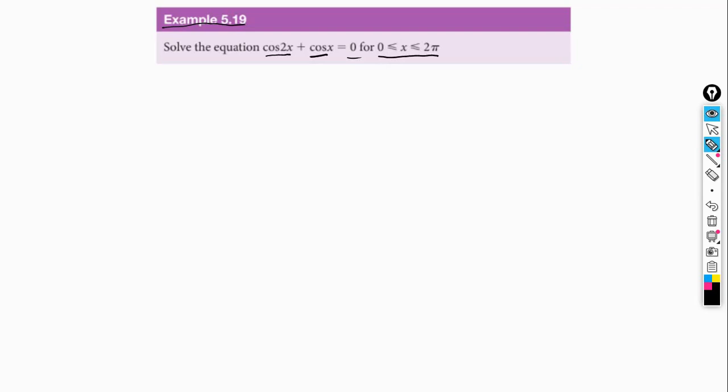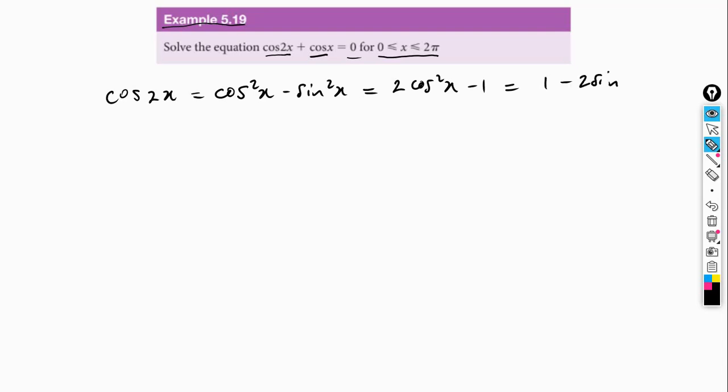So notice that we have a double angle. So we can use the double angle identities for cosine of 2x, which we know are going to be cosine squared of x minus sine squared of x, which is also equal to 2 times cosine squared of x minus 1, and this is equal to 1 minus 2 times sine squared of x.